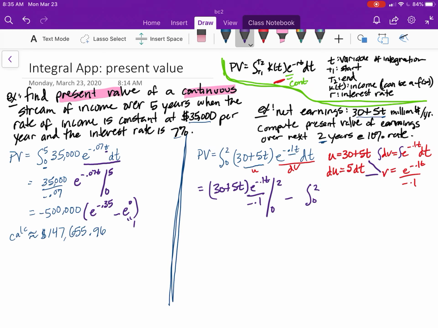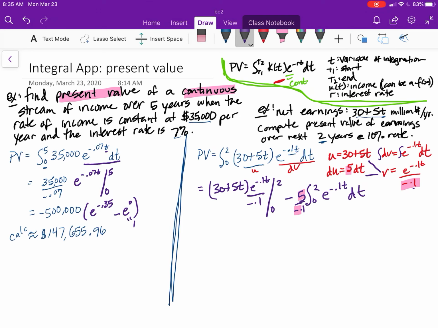So e to the negative, well, we have a 5. Let's go ahead and just pull that 5 out now. And we could also pull out the negative 0.1, so we just have this e to the negative 0.1 t dt. This is constant, I just pulled it out, and this 5, no sense of leaving it in there, I pulled that out as well.